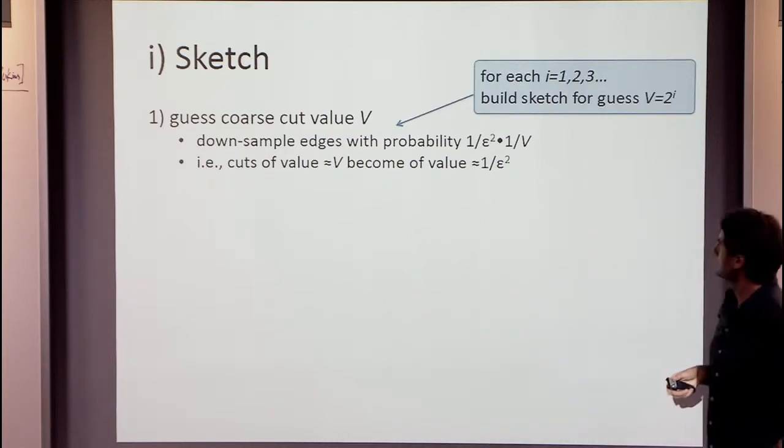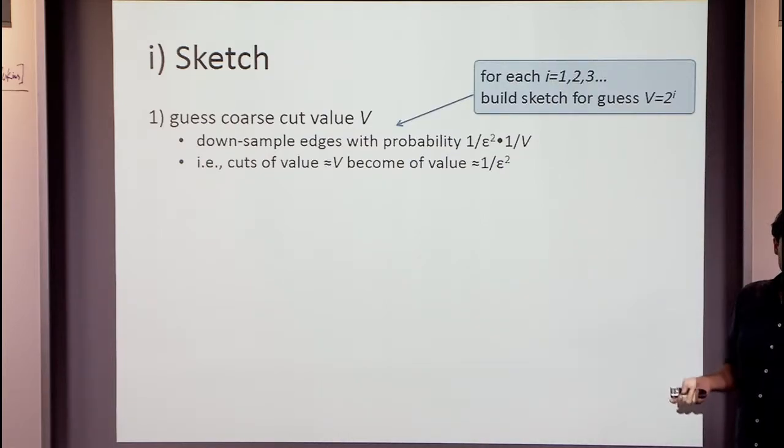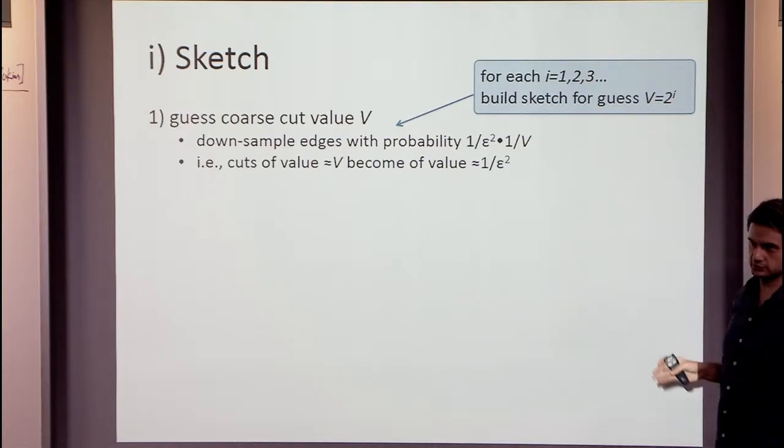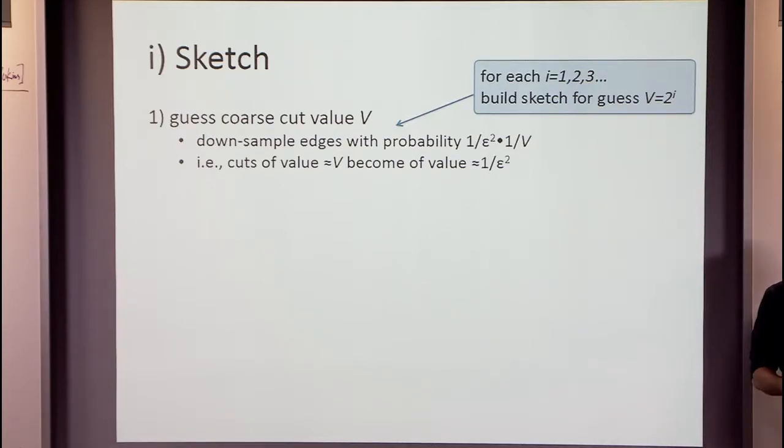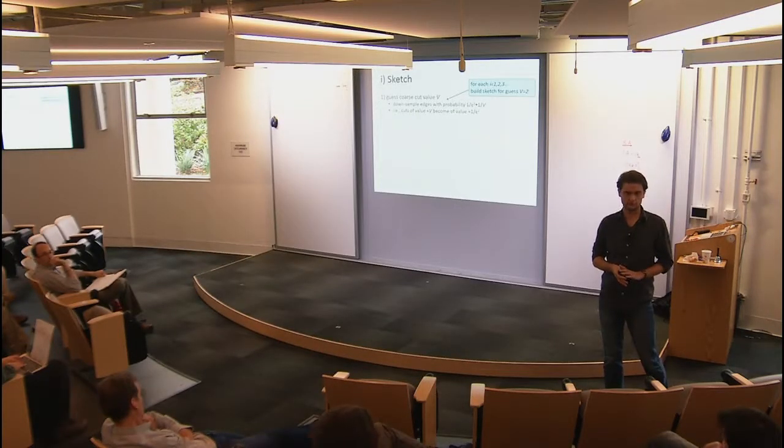And in general, what does it mean to guess? You prepare for all possible values of v, and there are only log n of these values. Question: is the probability independent of the weight of the edge? The graph is unweighted. You said the upper bound applies for weighted. It does apply for weighted. I'm describing here just the unweighted case.